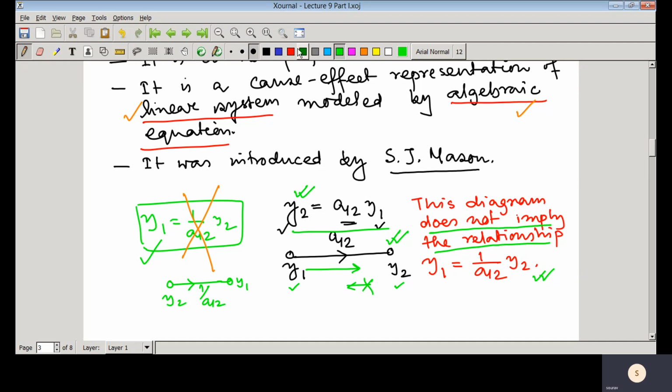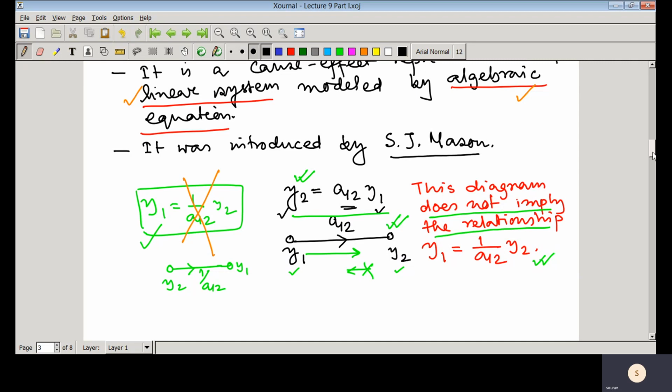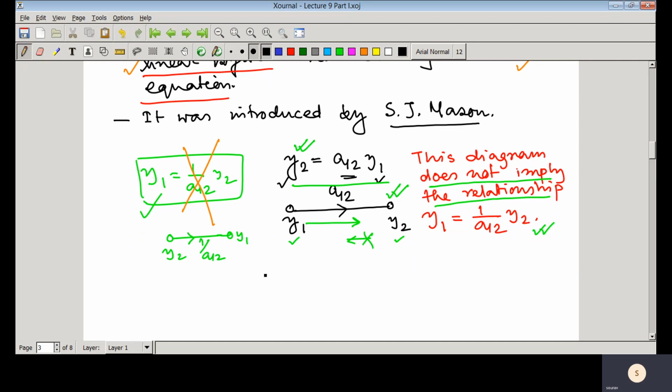And there are some terminologies. Here in this particular case, we say that Y1 is the input node and Y2 is the output node. From here you can also understand that we are representing a dynamical system, and in dynamical systems you have some input and some output.